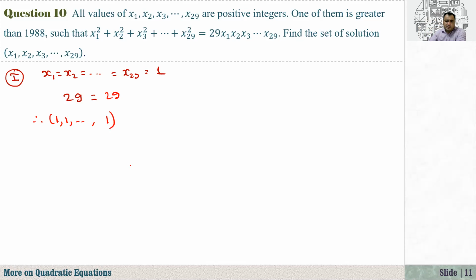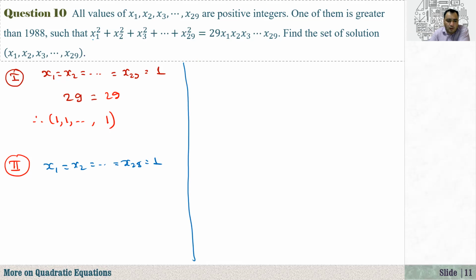Another observation is, suppose I just consider this case: x1 equals x2 equals up to x28, that's equal to 1. What happens here? Then our equation takes this form.